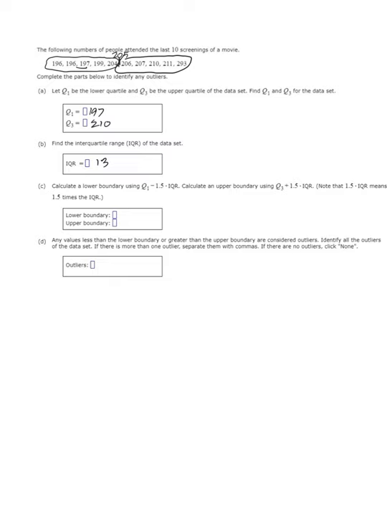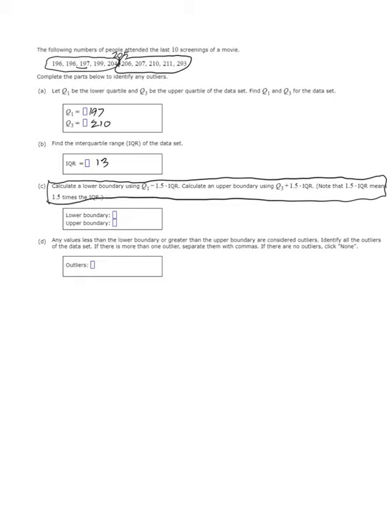Yeah, 13. And so what it says to figure out if it's an outlier, you're going to construct a lower bound and an upper bound. And that upper bound and lower bound are going to be based on this IQR. So you're going to take Q1 minus 1.5 times the IQR.